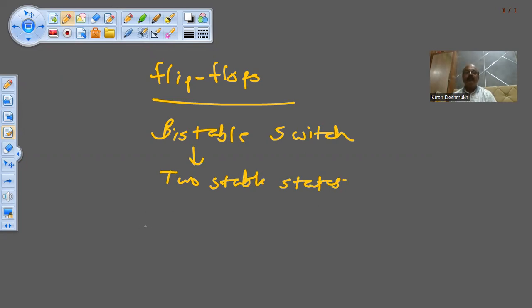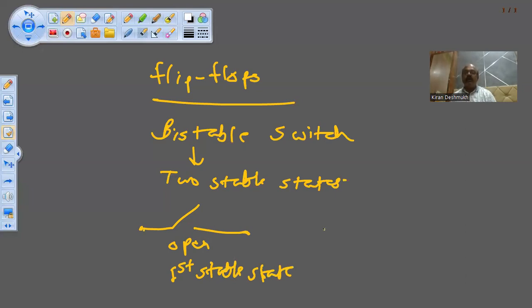For example, this switch is open. It's the open switch. So this is the first stable state. It remains open until you close it.